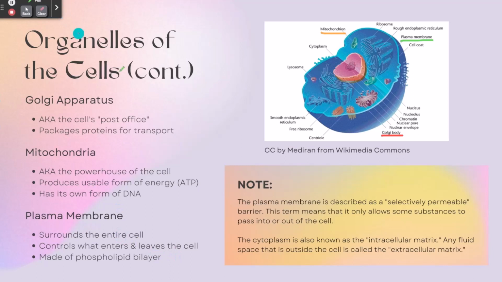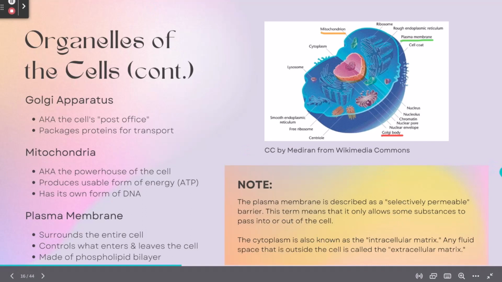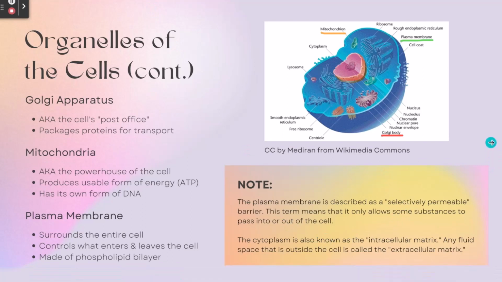So in the notes section here, I've included that the plasma membrane is described to be selectively permeable, or its barrier is selectively permeable. So what this means is that it only allows some substances to pass into or out of the cell.